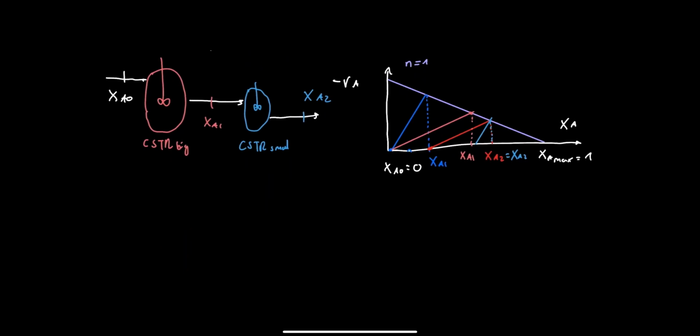For n equal 1 as a reaction order, or first order reaction, the arrangement of small and big CSTR, so the order, does not matter in regards to the final conversion.